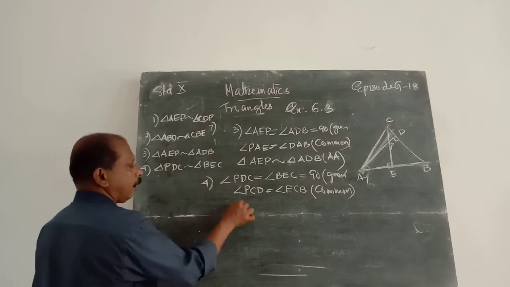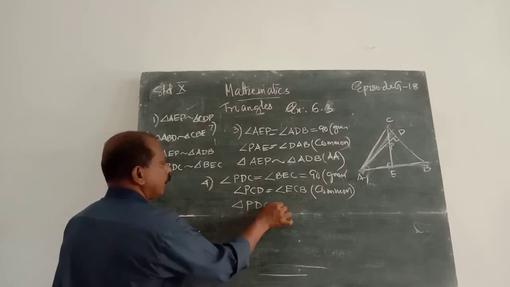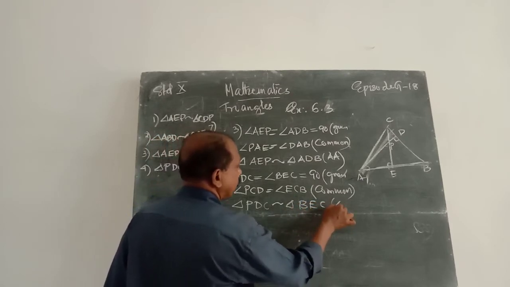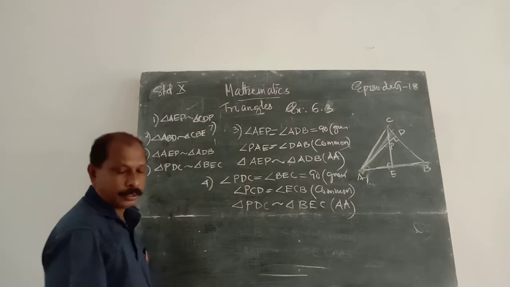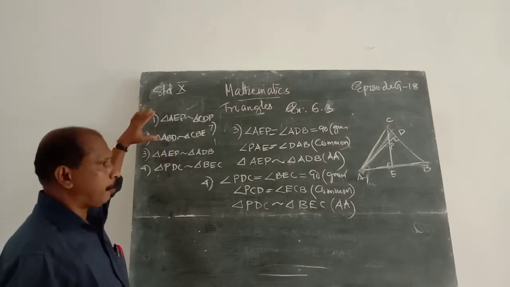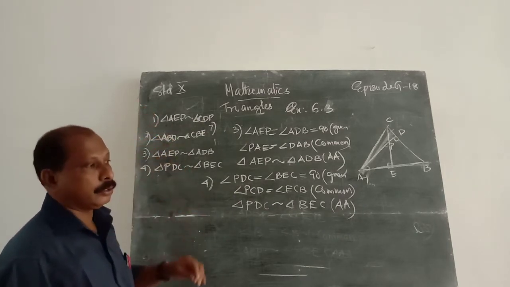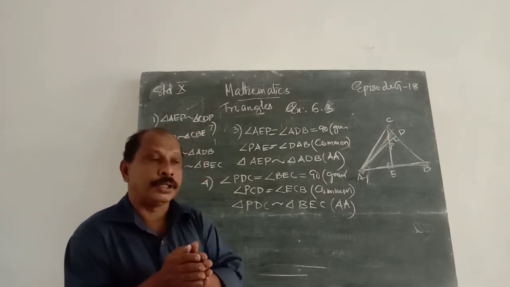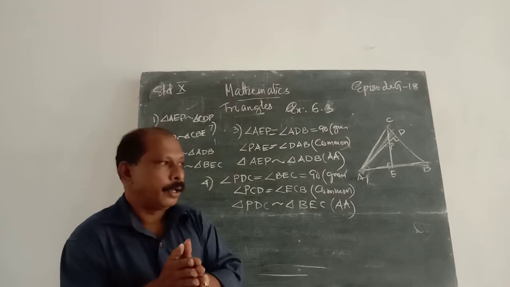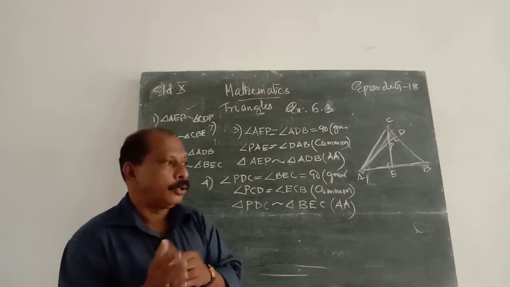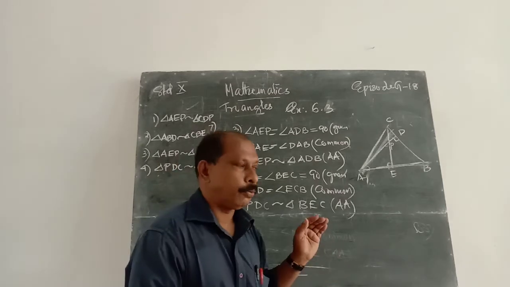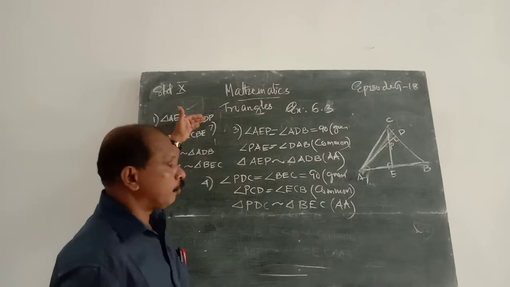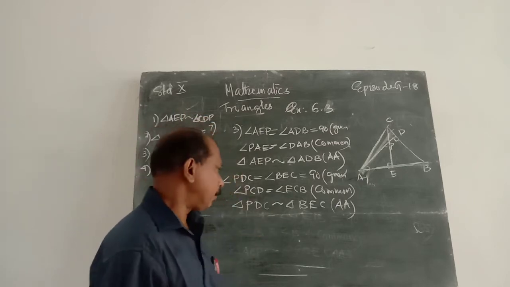Therefore, triangle PDC is similar to triangle BEC by angle criteria. That means in all these four problems, all the triangles are similar, considering that one angle is 90 degrees for each triangle. That is given. And the other angles are common or vertically opposite angles. Therefore, by using angle criteria, we can prove that all these four triangles are similar.